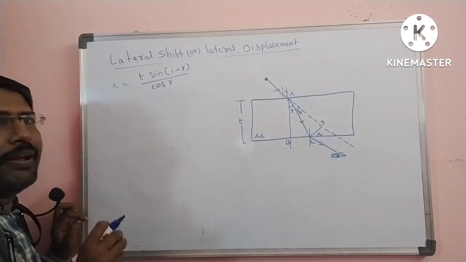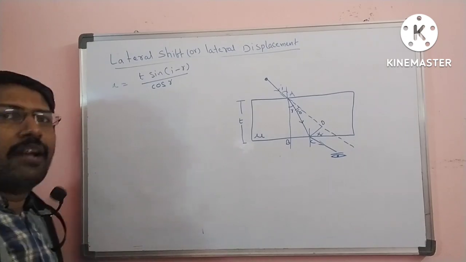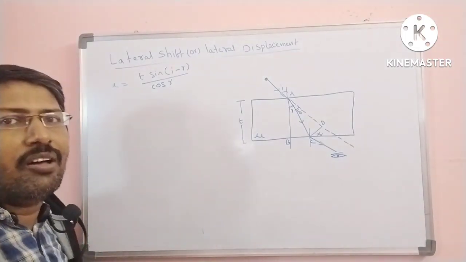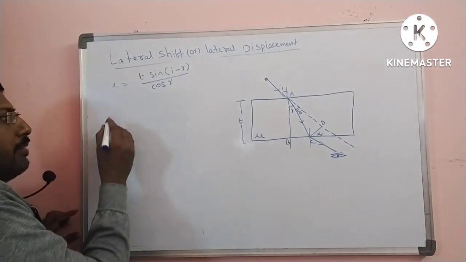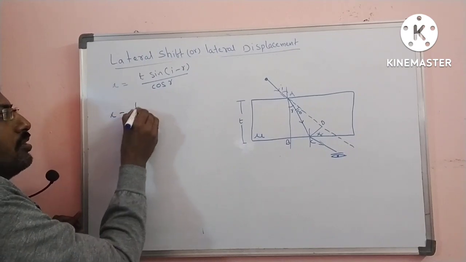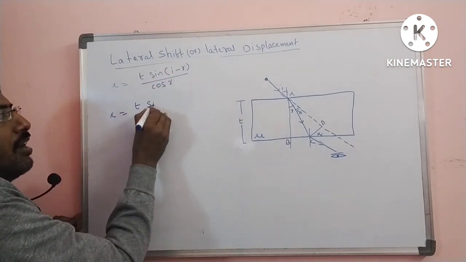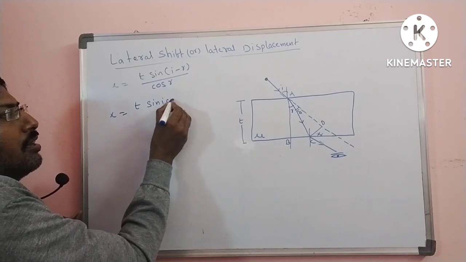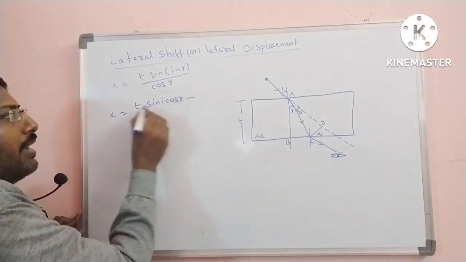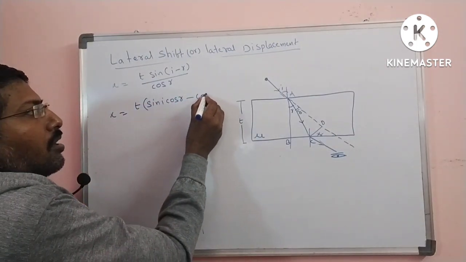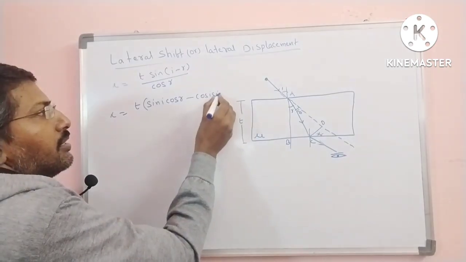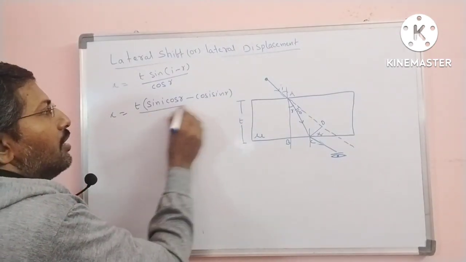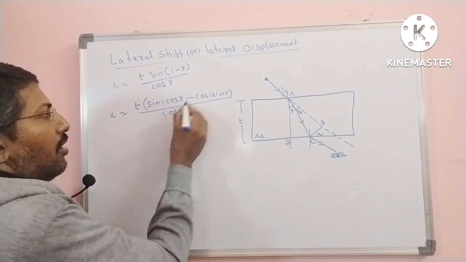The sin(A minus B) formula is sin A cos B minus cos A sin B. So x is equal to T times sin I cos R minus cos I sin R, divided by cos R.